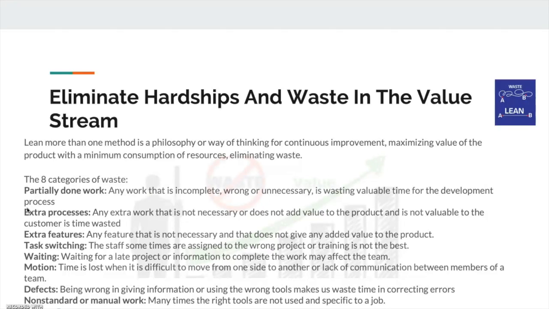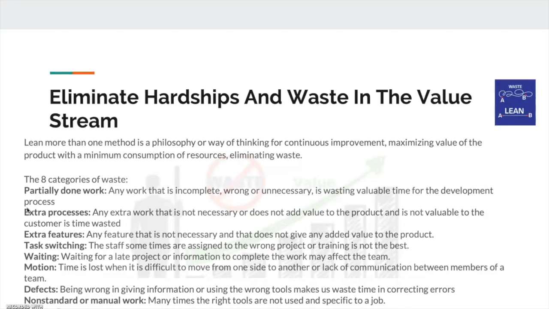Taiichi Ohno, between 1950 and 1980, developed a method that allowed the people, the machines, and the whole environment to work together using techniques and processes that allowed an effective job, eliminating the waste that would affect the production. There are 8 types of waste that we must identify in order to do an effective job.